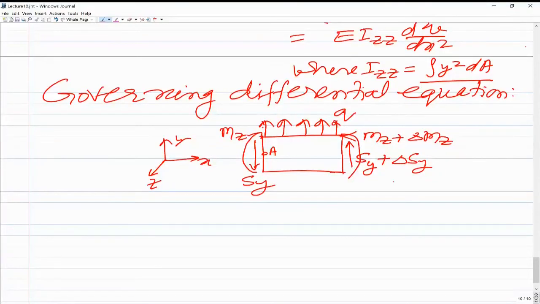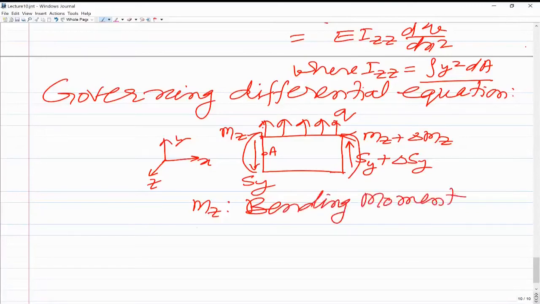On the right side there is a shear force Sy plus delta Sy, and the bending moment is Mz plus delta Mz. These are all the forces acting on the small element. Here we have already defined Mz to be the bending moment, and Sy to be the shear force.